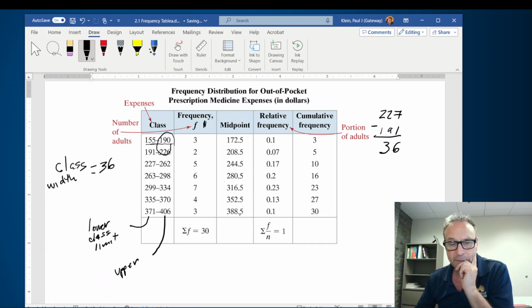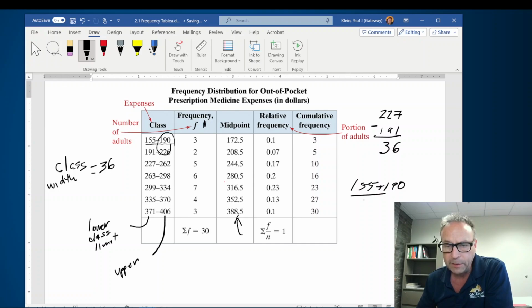The midpoint is the middle of the class. Basically, to get that, you add the lower limit plus the upper limit and divide by 2. It's an average, so you would go 155 plus 190 divided by 2, and that's going to give you 172.5.